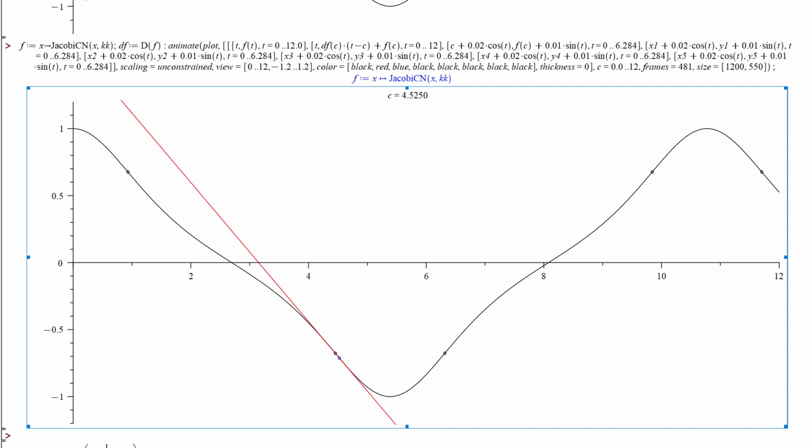Now I switch back to concave up. Concave up. Now switch to concave down, and stay concave down till you hit the u axis, and switch back up. So how interesting is that?